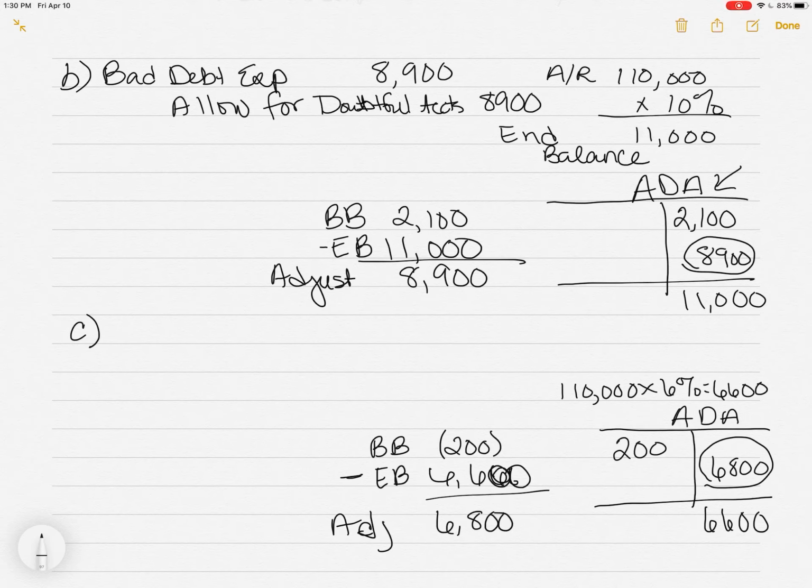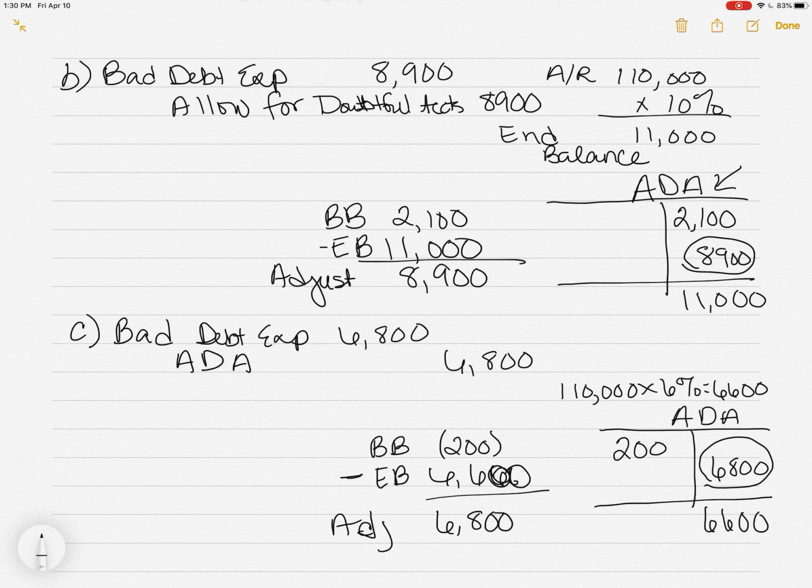So if I put that 6,800 in as a credit, then that would give me that total balance of 6,600 that I want. And then I could do that journal entry, debit that bad debt expense for that 6,800 amount, and credit my allowance for doubtful accounts of 6,800.